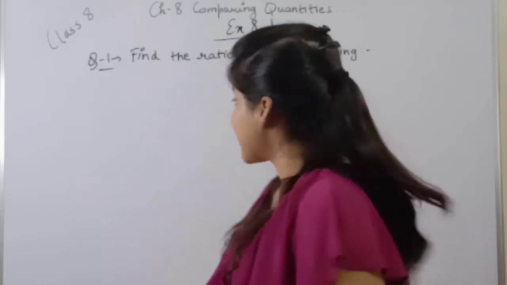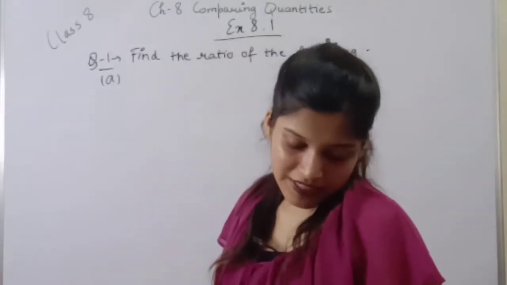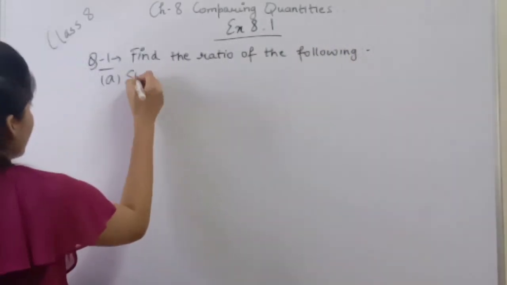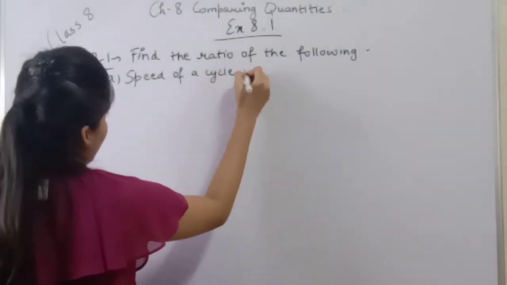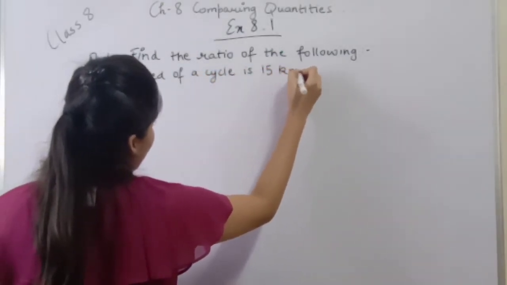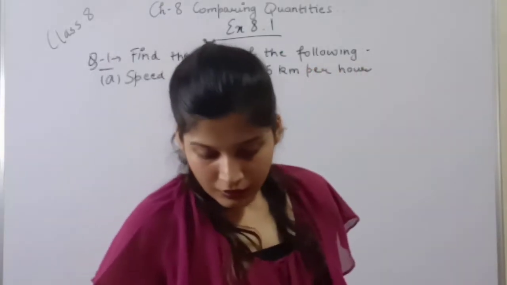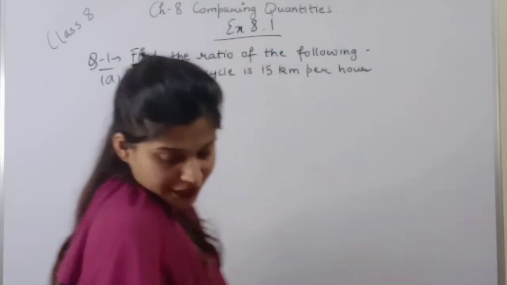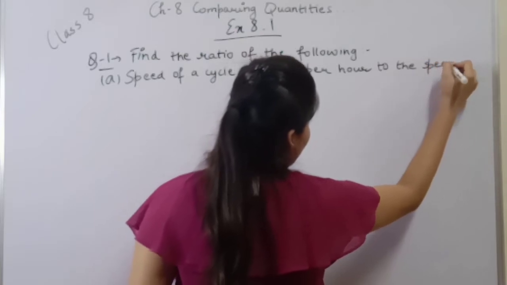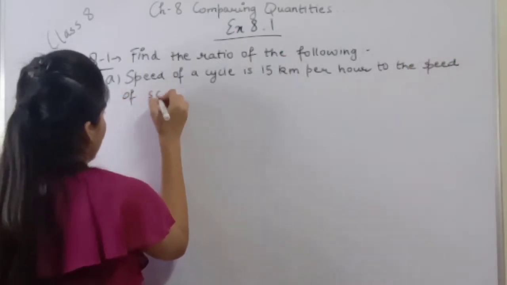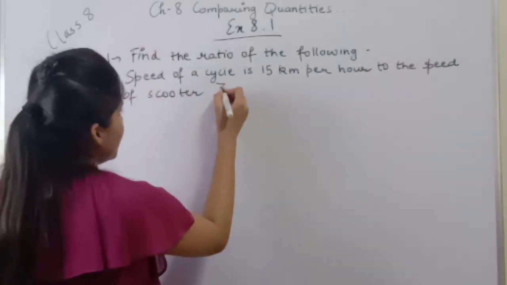Our first statement is speed of a cycle 15 km per hour to the speed of scooter 30 km per hour.